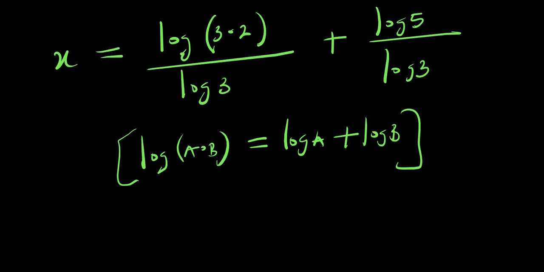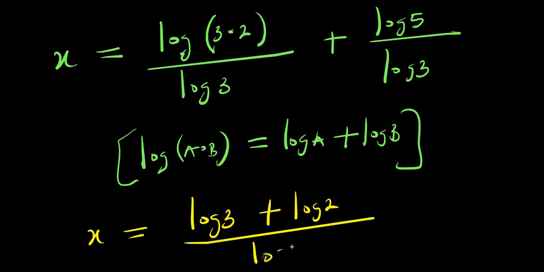So from here, we have x equals log 3 plus log 2, divided by log 3, plus log 5 divided by log 3.